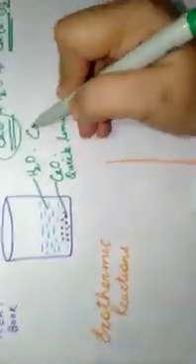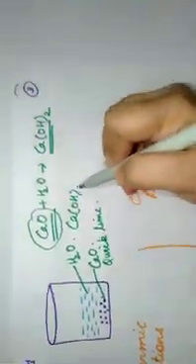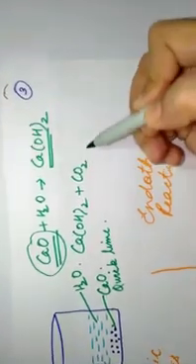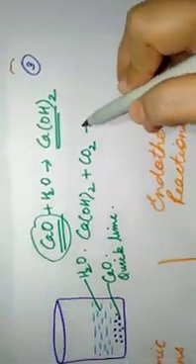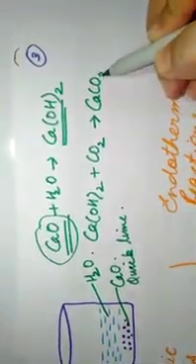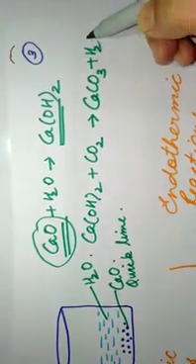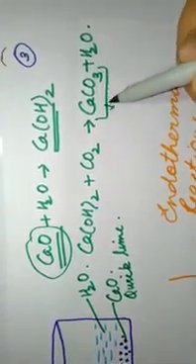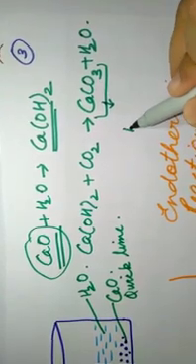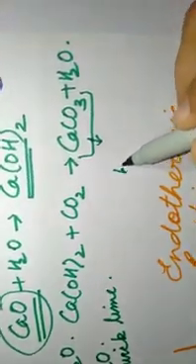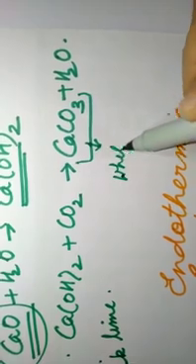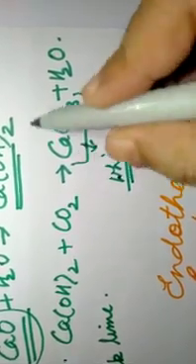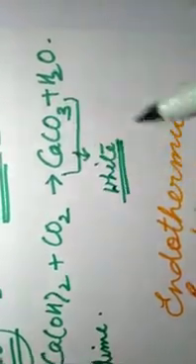Because this calcium hydroxide reacts with carbon dioxide present in the air and forms calcium carbonate, and releases H2O. This calcium carbonate is the white solid which is formed. This brings the shine on our walls.